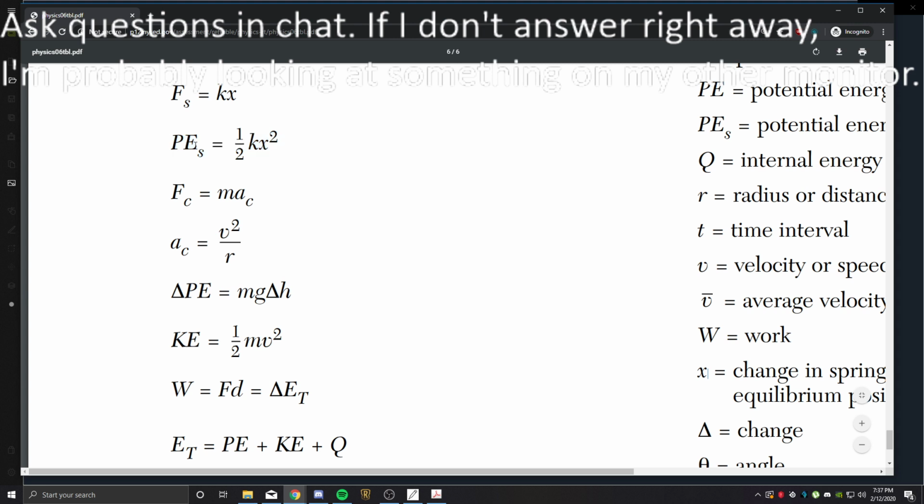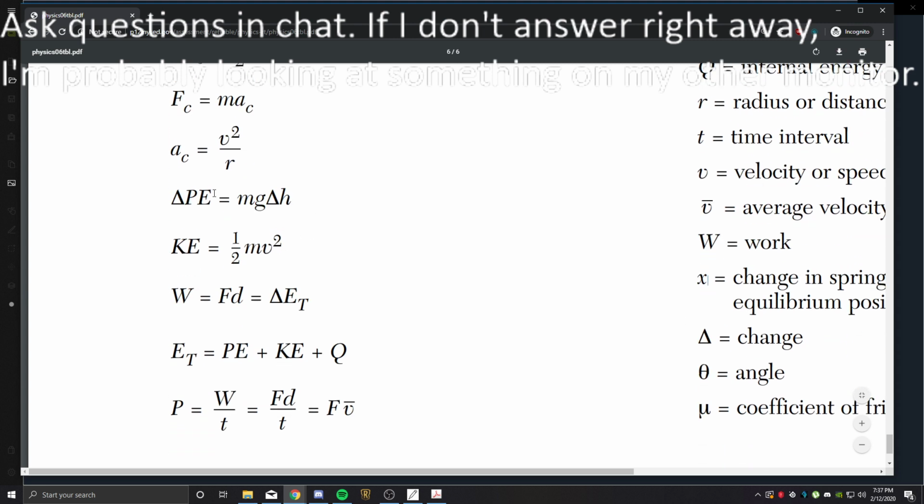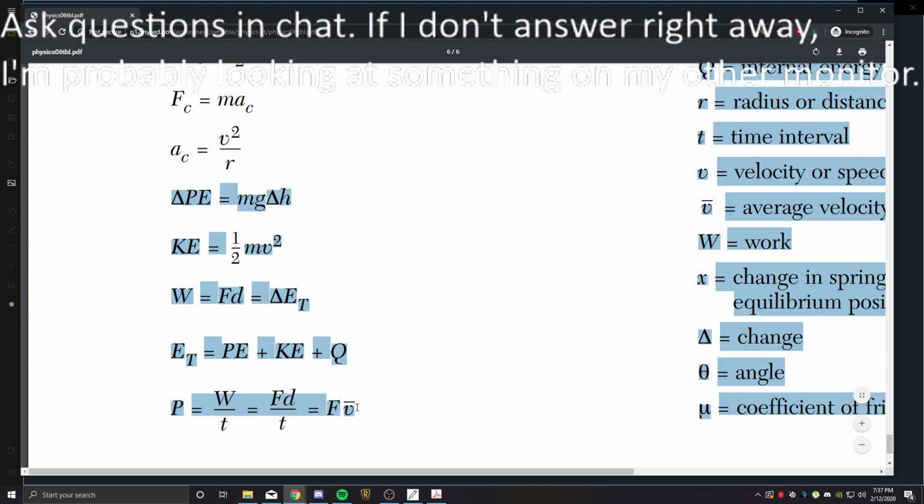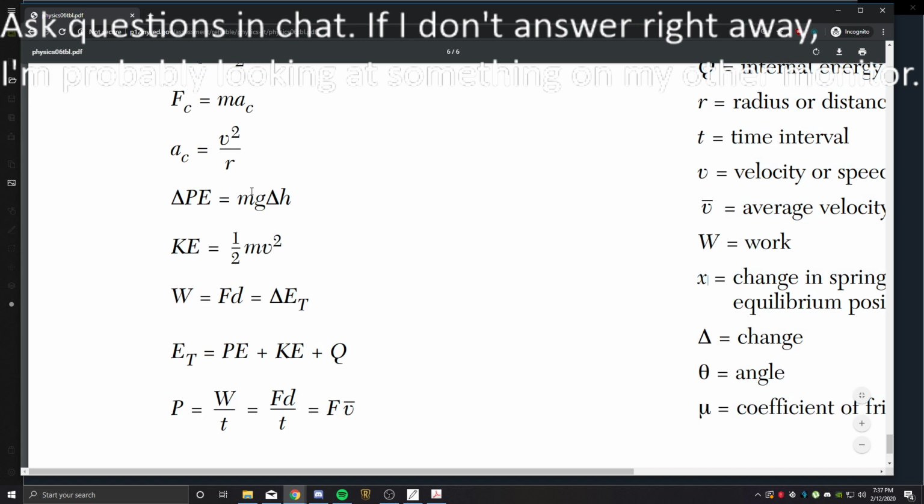Your potential energy of the spring is right here. The other formulas you use are all over here: potential energy, change in potential energy, kinetic energy, the work energy theorem, total energy. Again, this total energy is only true if you're not doing work on the system. If you're not adding any energy to the system by doing work, then your total energy at the top is equal to the total energy at the bottom.